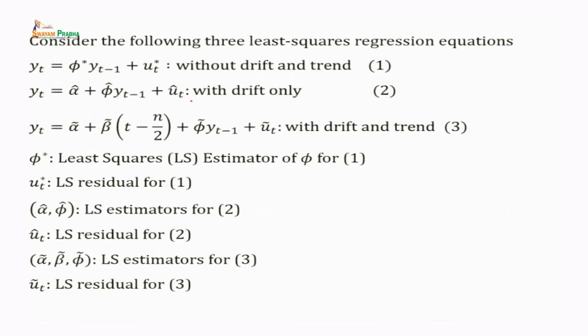Then u_t hat is the least square residual for equation 2. Similarly, for equation 3, we run regression between y_t and y_{t-1} using this model. The model has drift term and linear trend, and then we get the least square estimators of alpha, beta and phi. We denote these by alpha curl, beta curl and phi curl, and the corresponding least square residual term is u_t curl.